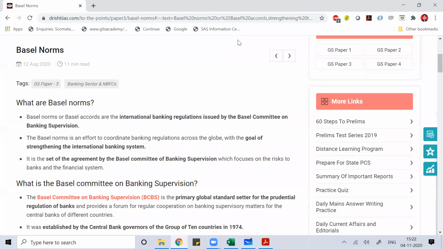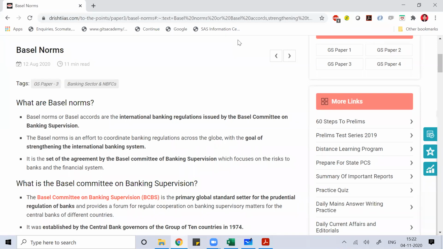So then they came up with Basel 2. In Basel 2, they considered more risks that a banking institution can face: liquidity risk, credit risk, market risk, operational risk. Then after Lehman Brothers, they met again and discussed what could be the reason why Lehman Brothers got bankrupt.